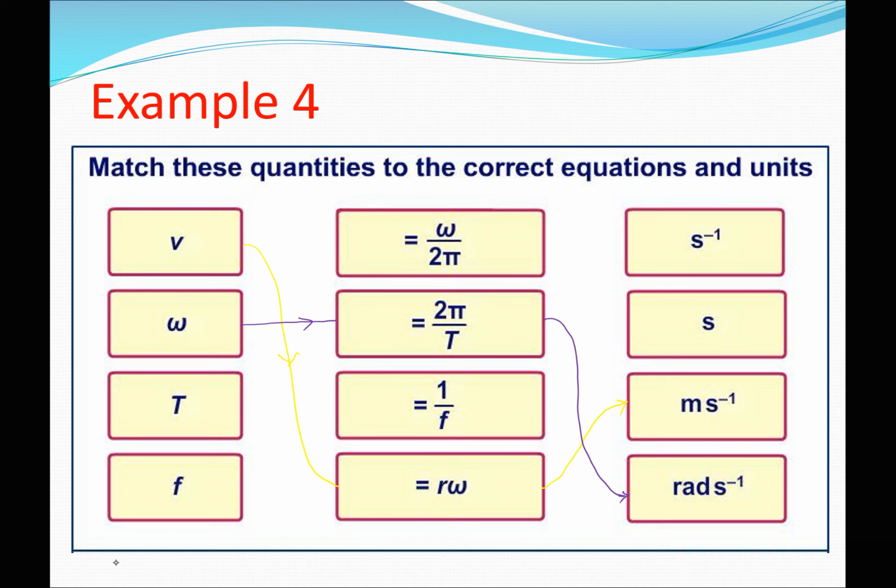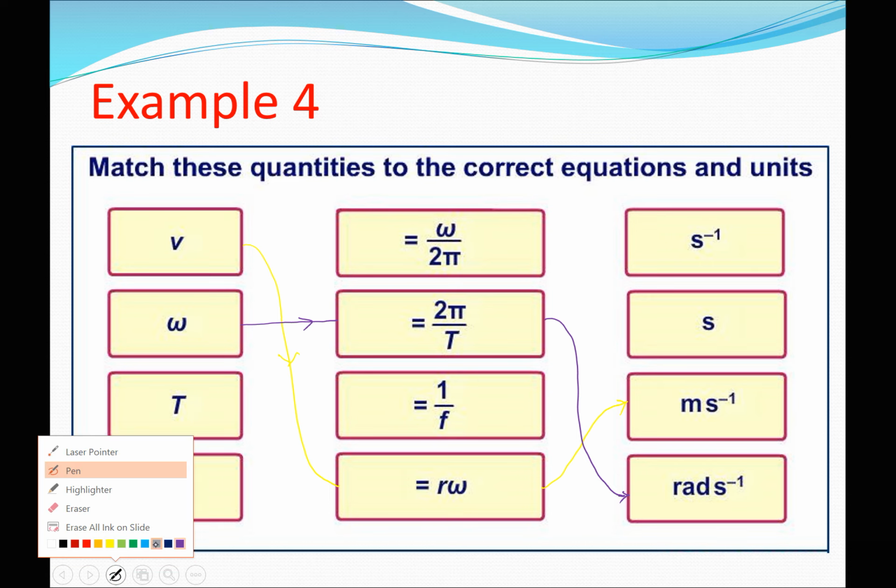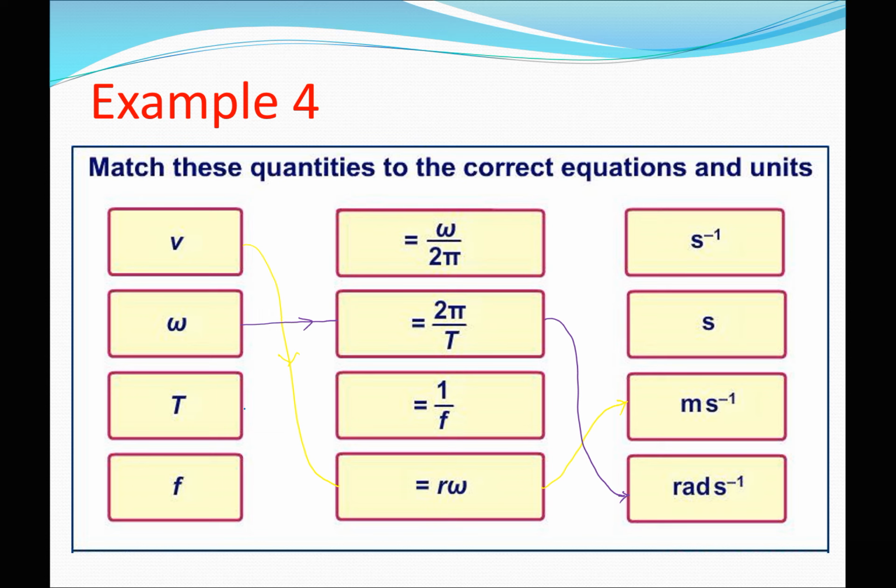Then I'll change to another color. Period is 1 over frequency, and period is measured in seconds. Then frequency can be omega over 2 pi. Remember, omega is 2 pi over T, which is the same as 2 pi times f, which means f is going to be equal to omega over 2 pi.